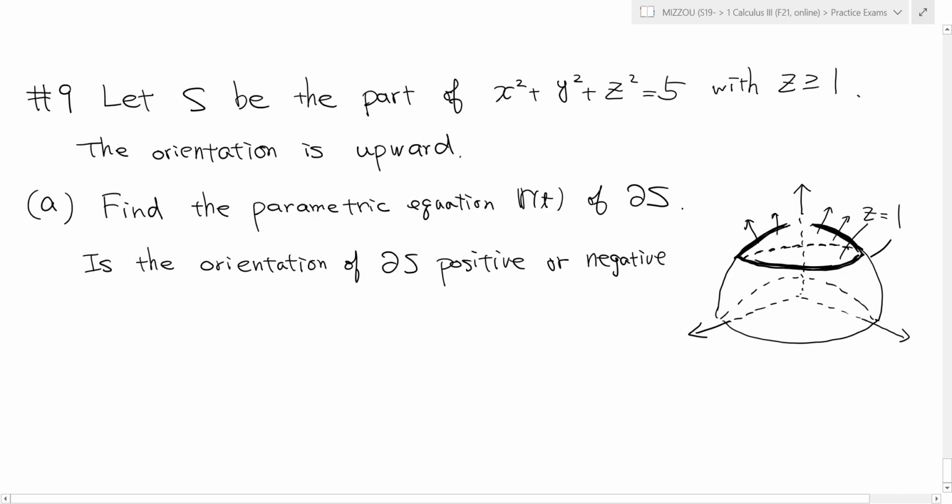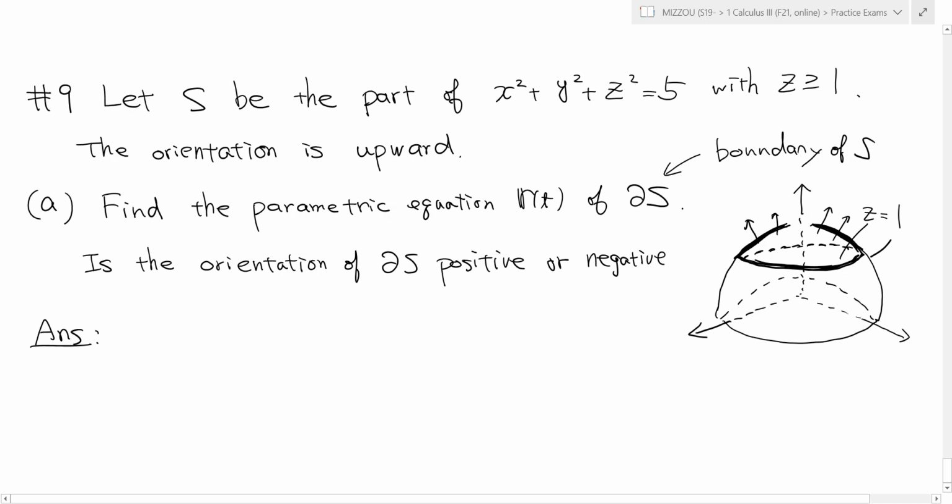And now, part A, find the parametric equation of the boundary of S. Remember this symbol, this is the boundary of S. What's the boundary? The boundary is this portion. Well, the boundary is the circle floating in the air at z equals 1.